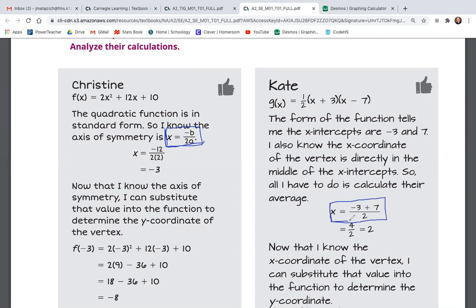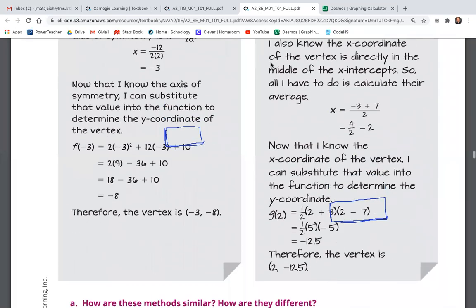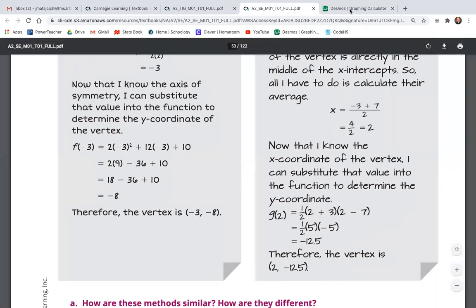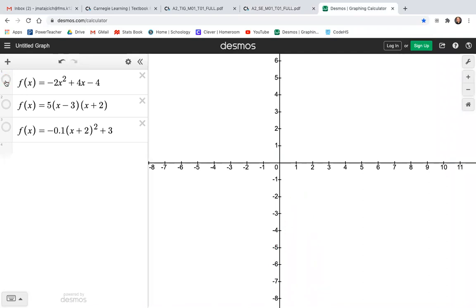You can find your axis of symmetry and then plug those in to get a y value for a vertex. So I'm not going to go into that today. Just be aware that we are going to get there. So even if you're given one form, you can find all of the key characteristics. And it's not a terribly difficult process or anything. But anyhow, let's look at these graphs over here.